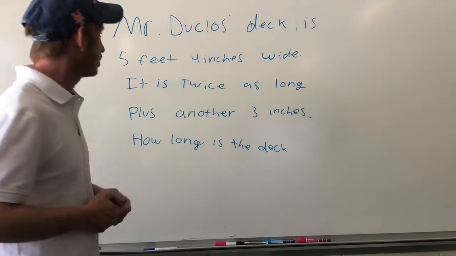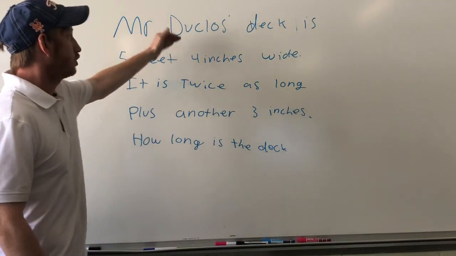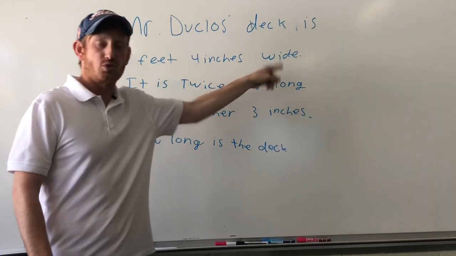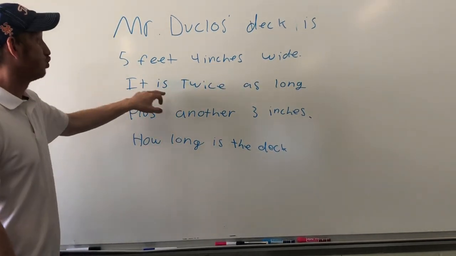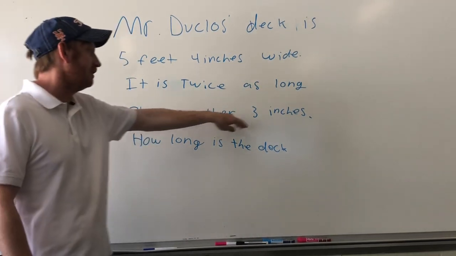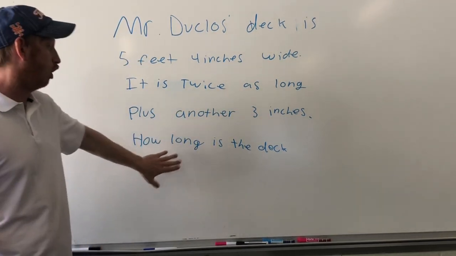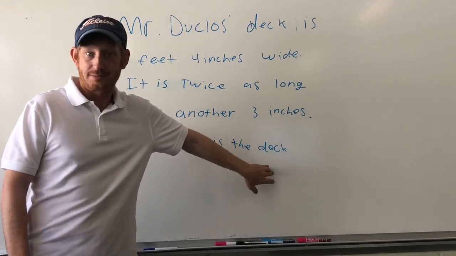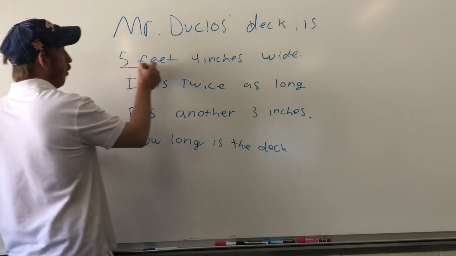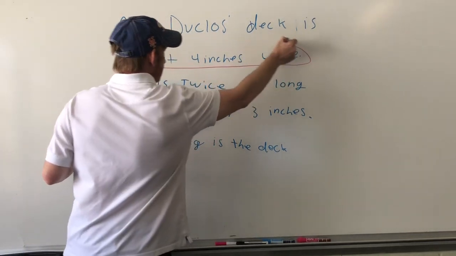First problem we're going to work on reads, Mr. Duclos' deck is 5 feet 4 inches wide. It is twice as long plus another 3 inches. How long is the deck? So, let's see. I know that the deck is 5 feet 4 inches wide.